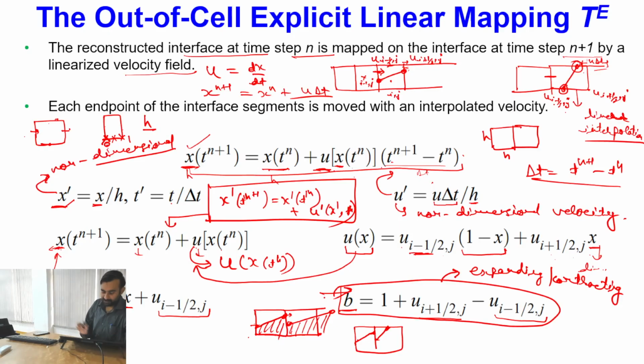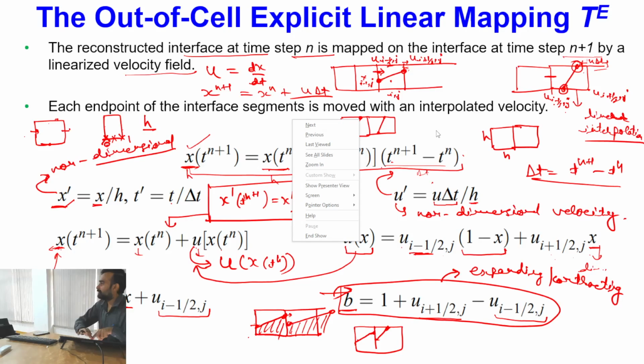See, it's a very simple point. If your velocities at both the edges are the same, then it will simply be translating without any change in its volume, or area for a 2D case. But if the velocity at this point is less and at this point is more, then it will be expanding and its area will be increasing. By what factor?